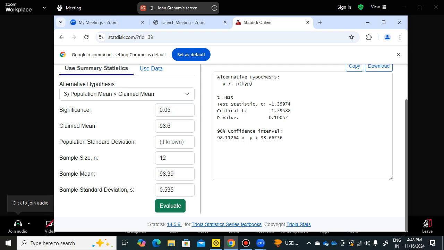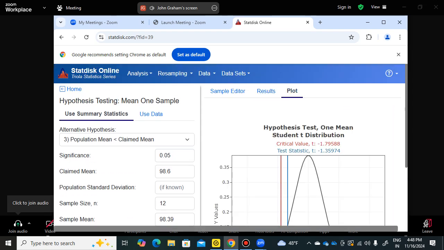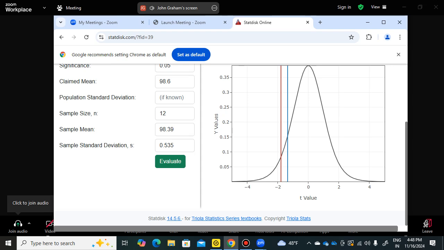P-value is 0.10. And let's look at the plot. And we can see this test statistic is inside our non-rejection region.